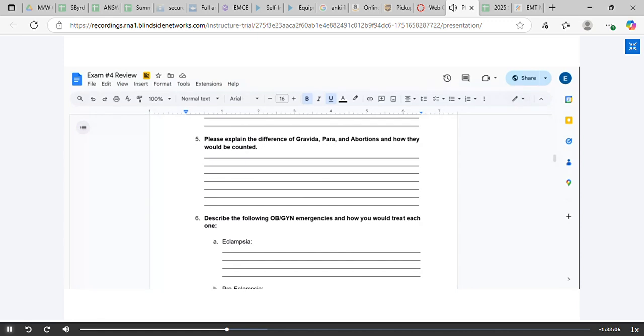So gravida, para, and abortion. GPA, all right? Gravida is the total number of pregnancies that your patient has experienced. Para is the number of live births. And abortion is whether it is a spontaneous abortion, which is what we call a miscarriage, or an intended abortion.